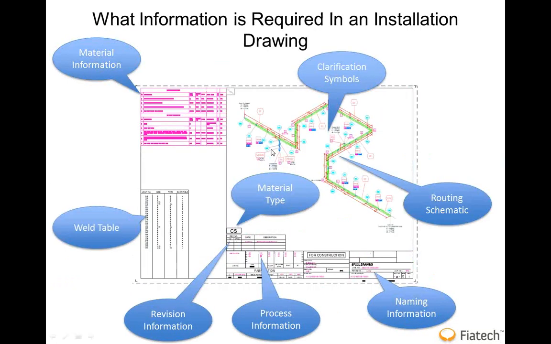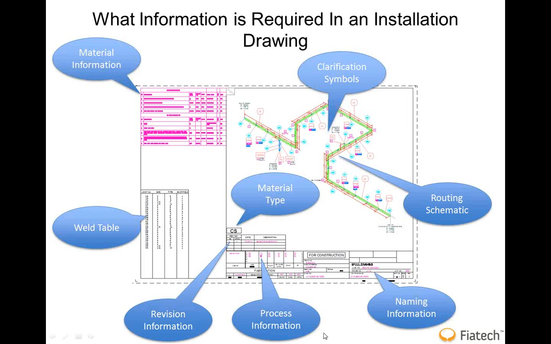Now, this is what goes to the site whenever they install. If you notice, this is basically a collection of the fabrication drawings. They are all put together in one drawing, and there is virtually the same information with the addition of the field weld tables, which we can see here.